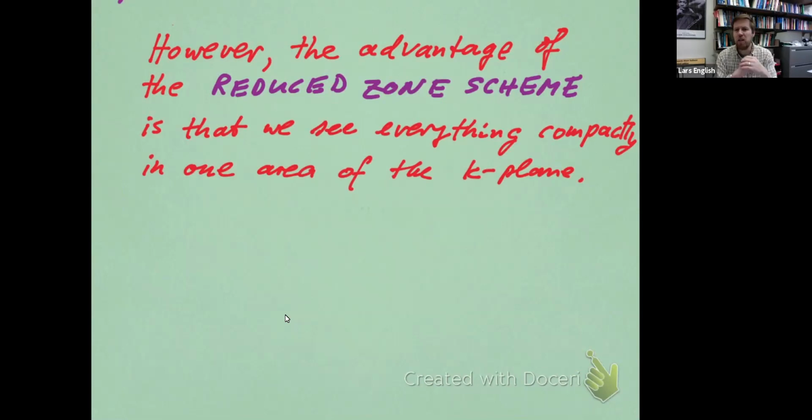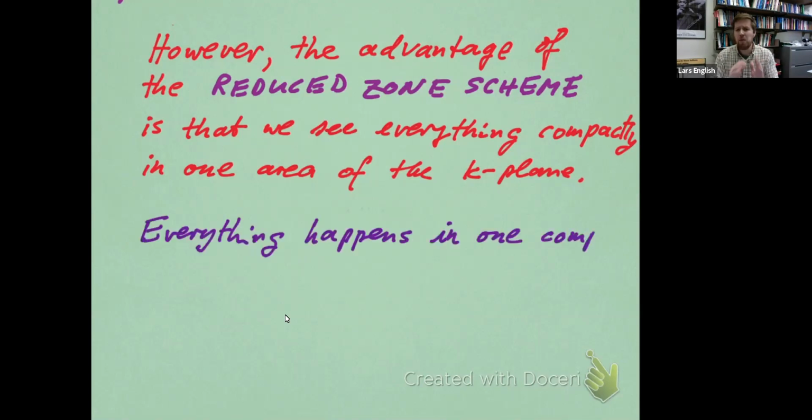But the advantage really is that we see everything very compactly in our field of view, right? We don't have to scan the entire K-plane. We see everything nicely in that one small area of the K-plane, the reciprocal lattice plane.